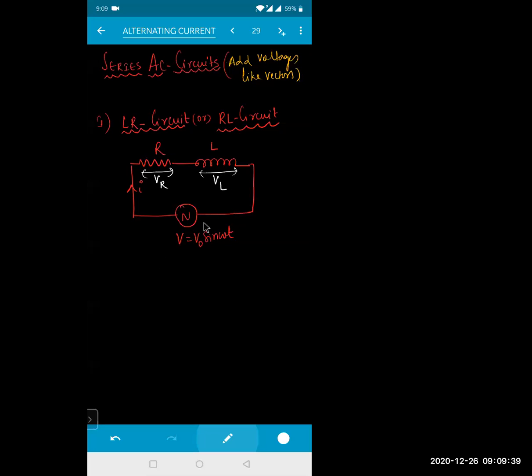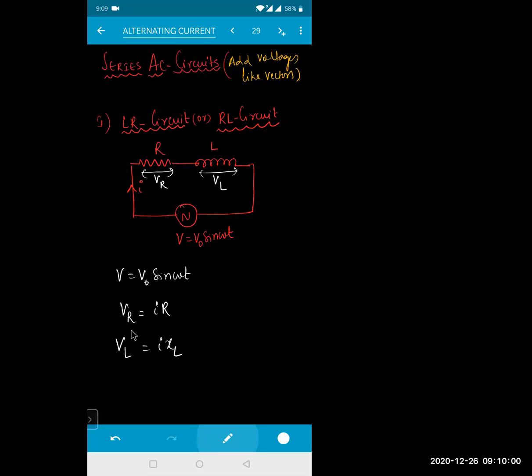Now tell me, V is equal to how much? V is equal to V naught sine omega t. Potential across the resistor is I into R. Potential across the inductor is I into XL.